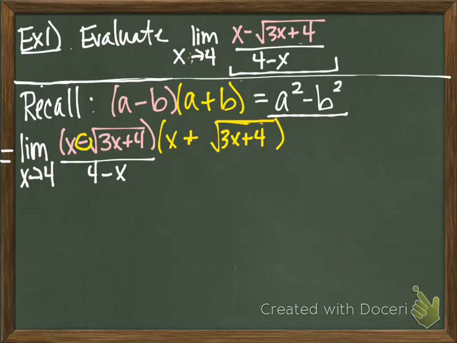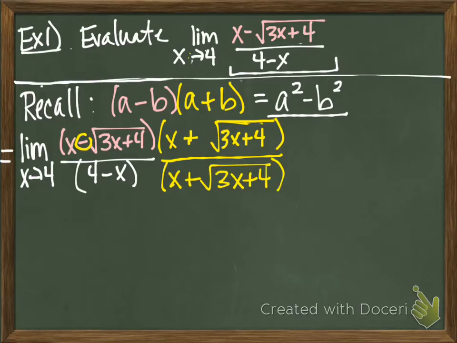So if I multiply the numerator by something, I'm going to have to also multiply the denominator by the same thing so that I don't change the original function. So remember, when you multiply the numerator and denominator by the same thing, it's the equivalent of multiplying by 1. Alright, so how does that help us?